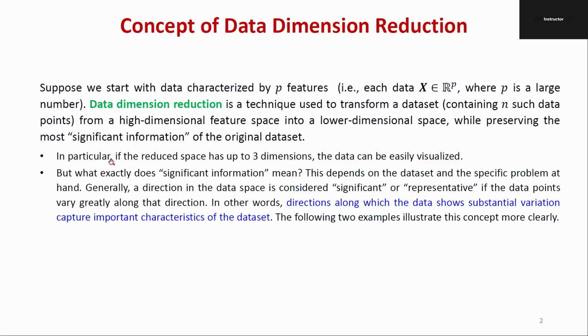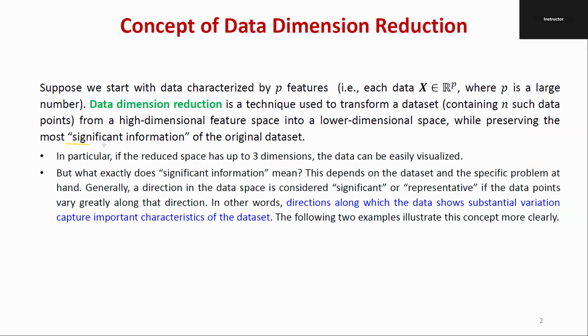In particular, if the reduced space has up to 3 dimensions, so let's say 2D or 3D, then we can visualize the data, simply because our space is 3D, so we cannot directly plot more than 3 dimensions. Of course, you can use some tricks to plot more than 3D, for example different shapes or different colors, but that's another story. Here I use a pretty vague term, significant information.